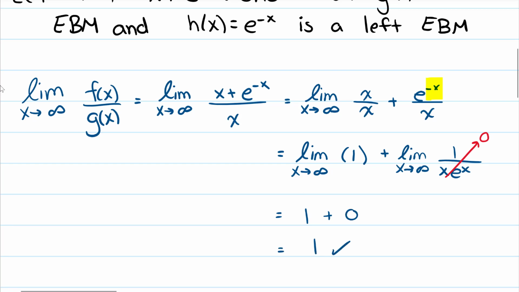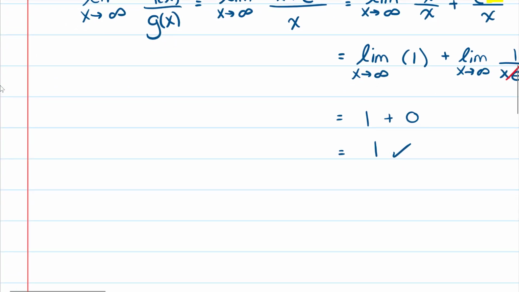So because we got 1, we then know that this is a right end behavior model because we let the limit go to infinity. Now we want to check the left end behavior model. So we're going to take the limit as x approaches negative infinity of f of x divided by our end behavior model for the left, and that was h of x.